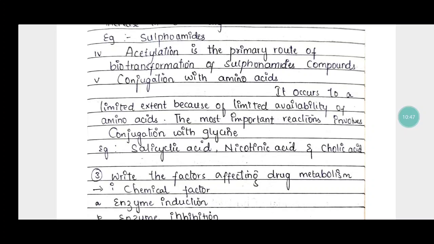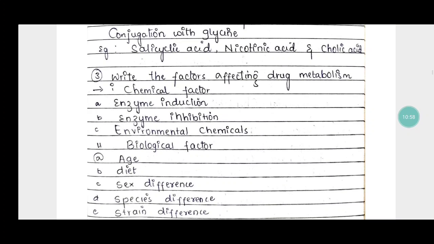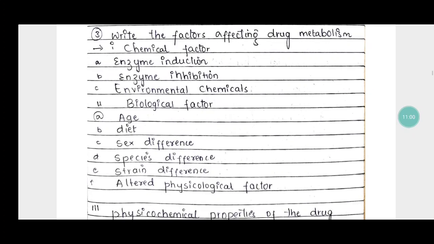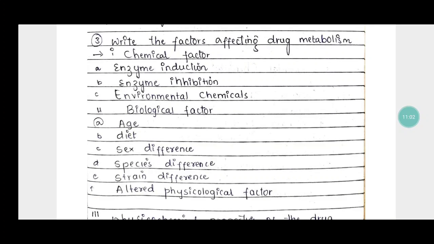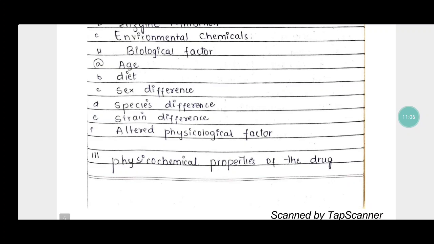Then question number 3: write the factors affecting drug metabolism. The answer is that there are 3 factors. Number 1, chemical factors, number 2, biological factors, and number 3, physico-chemical properties of the drug.